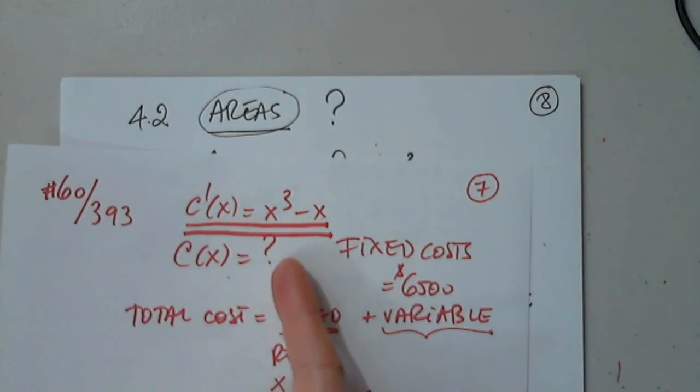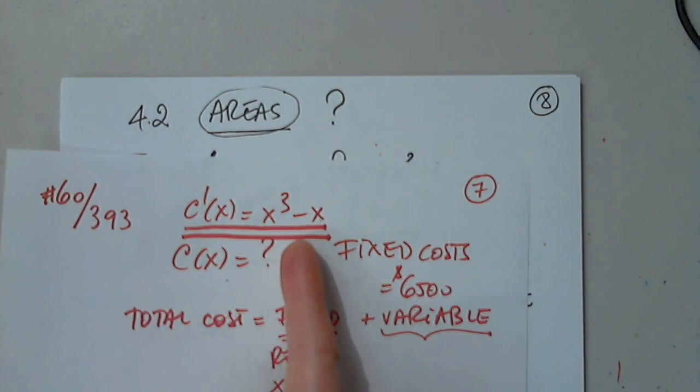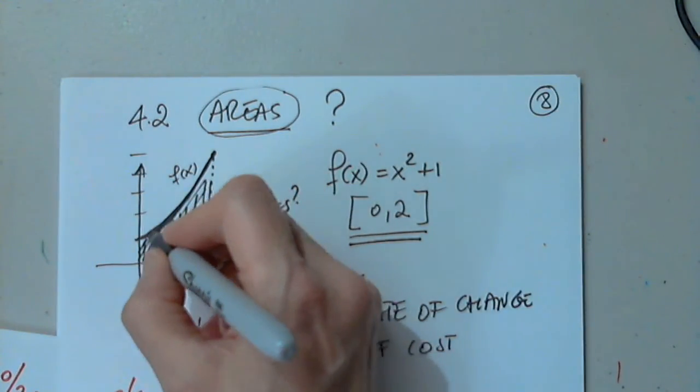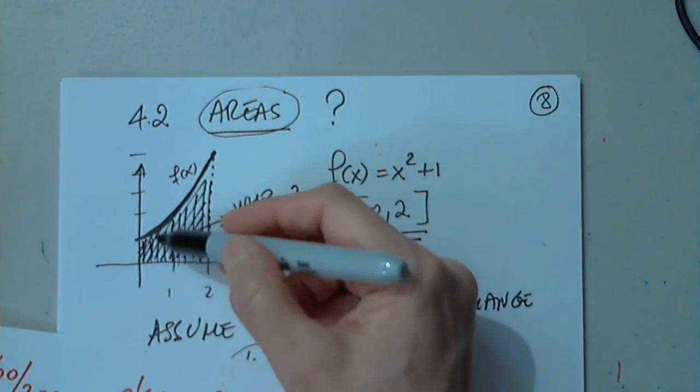We just had an example. We have c prime of x. Assuming that this is my c prime of x. What will this area represent?